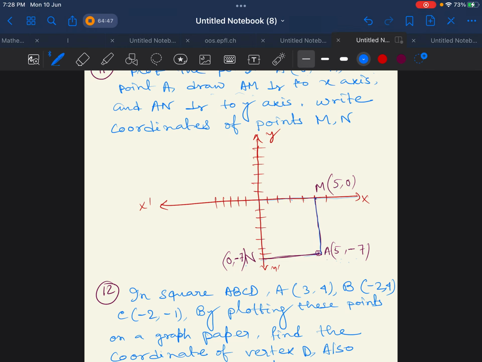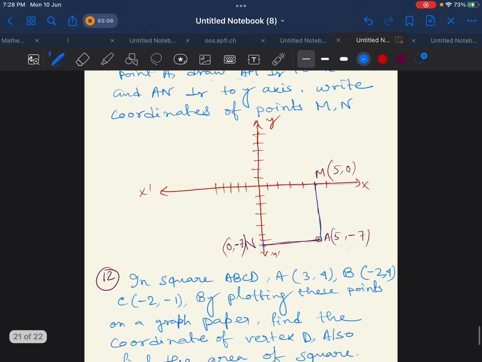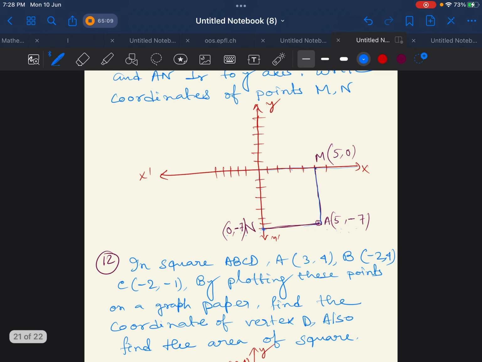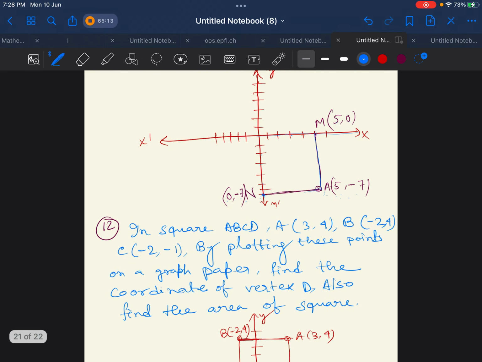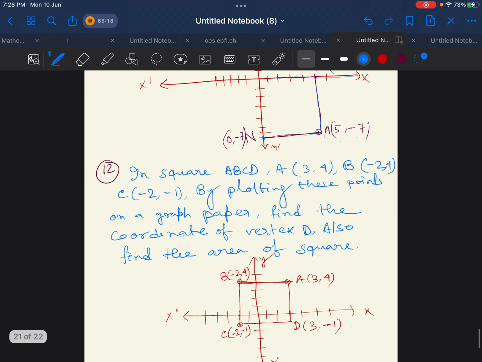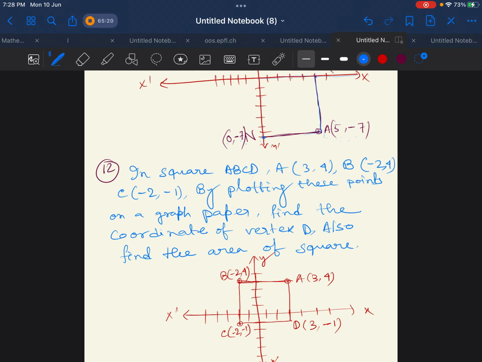On the y-axis the value of x is 0 and the value of y is, going downward along the y-axis, minus 7. So this point is 0, minus 7. So we get two lines, AM and AN, both are perpendicular lines.